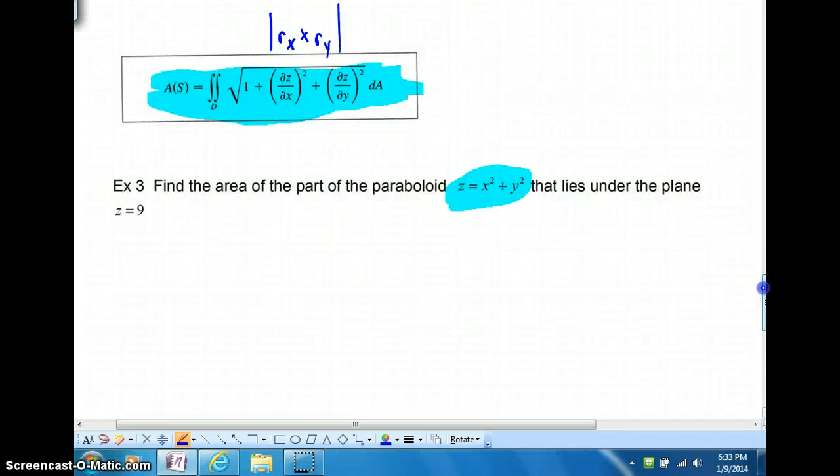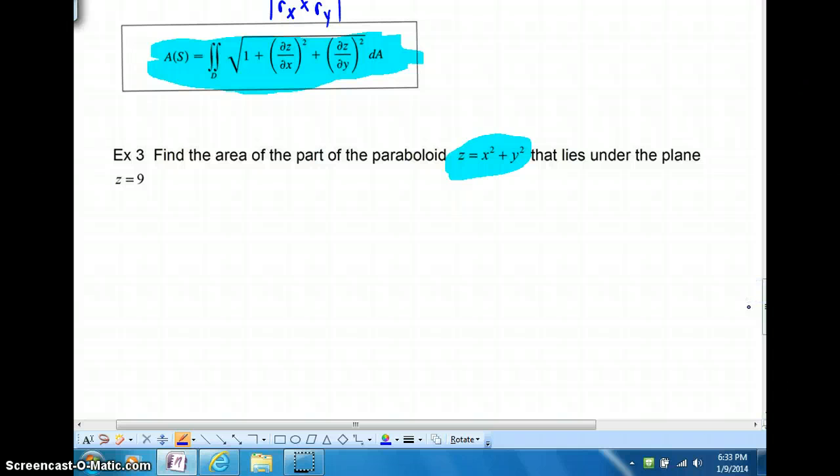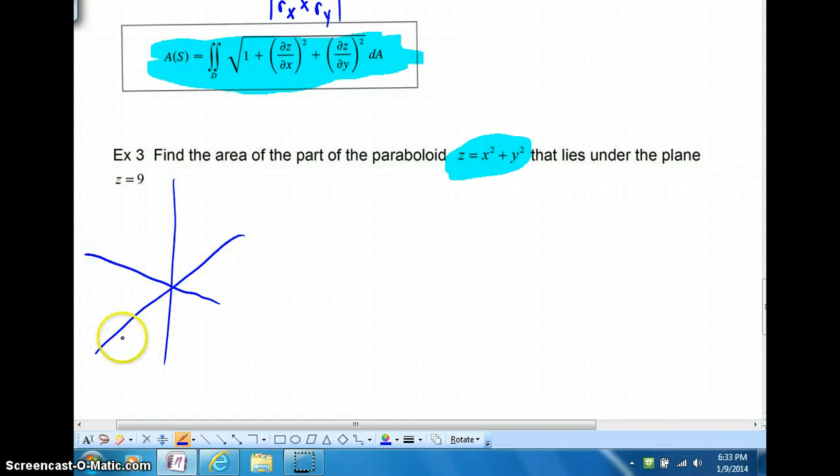So let's say that you were asked to find the surface area of a paraboloid, z equals x squared plus y squared, and it lies under the plane z equals 9. So what you could do super quickly is realize that this graph is a 3-dimensional parabola.